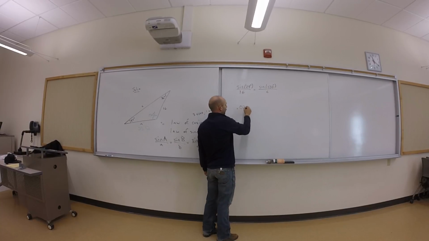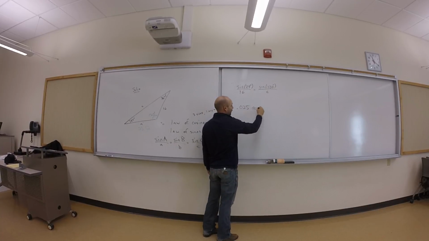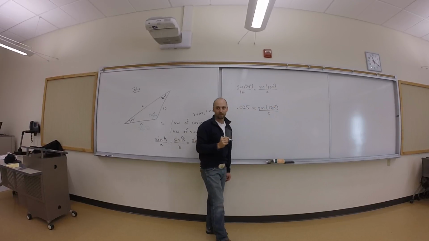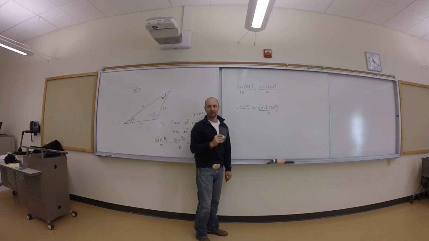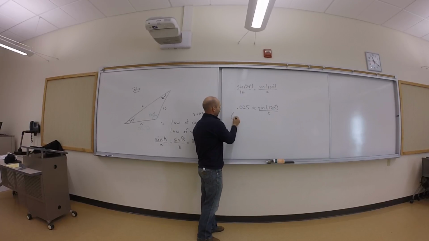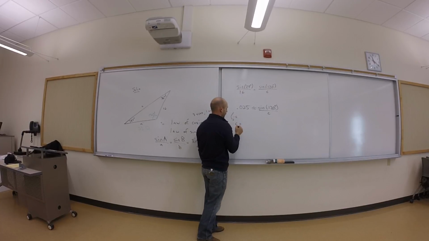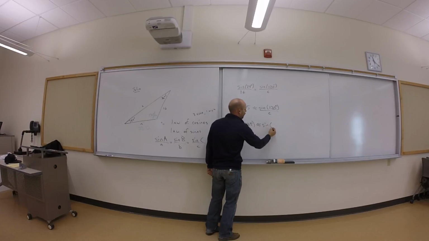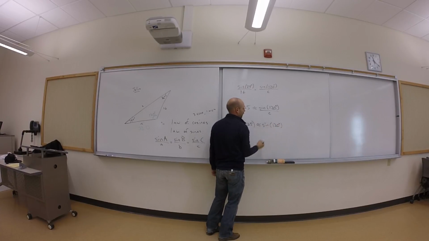So 0.025 is approximately sine of 120 degrees divided by c. See that? Now I can multiply both sides by c, so c times 0.025 is approximately sine of 120 degrees.